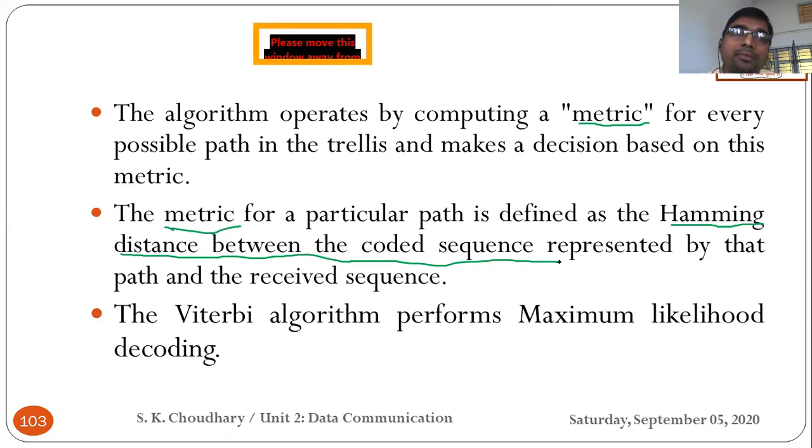In the trellis diagram, we have seen that the coded sequence is shown as the transmitted sequence. But when we come to the decoding section, the received sequence may not match the coded sequence. The coded sequence is always shown on the branch, and we just compare this coded sequence with the received sequence. For that we use the Hamming distance, and on the basis of this matching and Hamming distance principle, we calculate the metric.